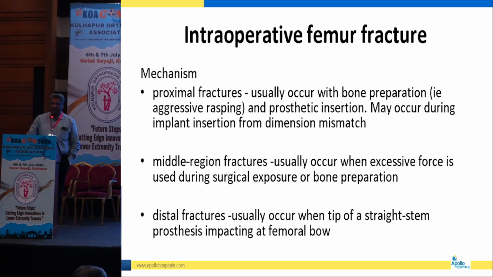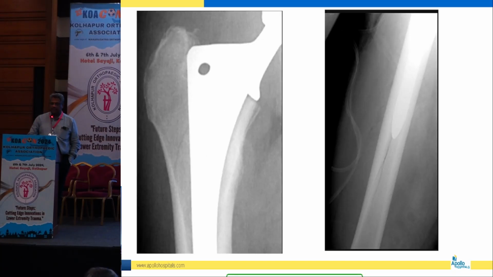Middle region fractures usually occur when excessive force is used during surgical exposure or bone preparation, and distal fractures usually occur when the tip of a straight stem prosthesis, or non-anatomical implants, are used, impacting without considering the femoral bow. So these are some of the fractures that we may miss during surgeries.